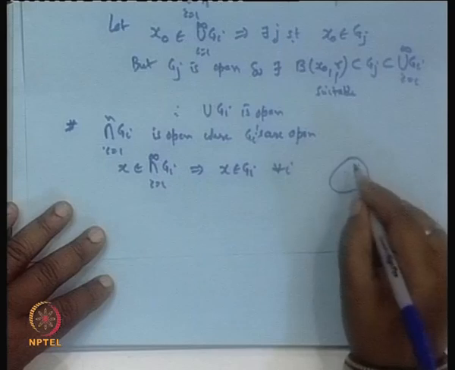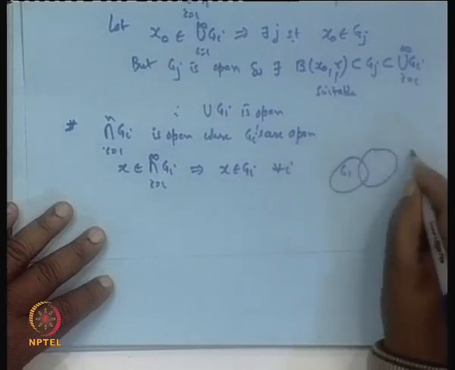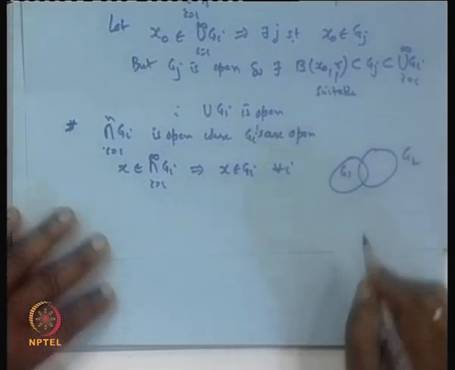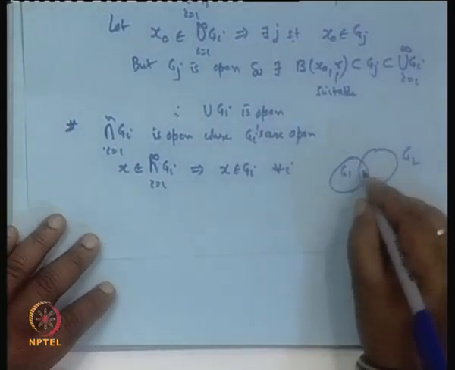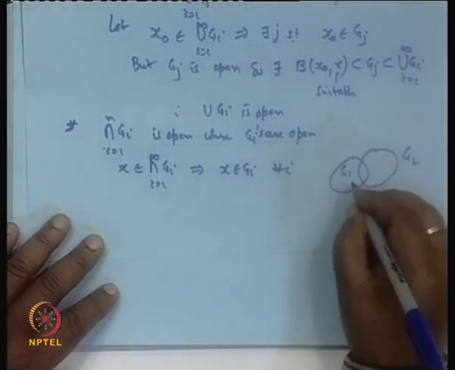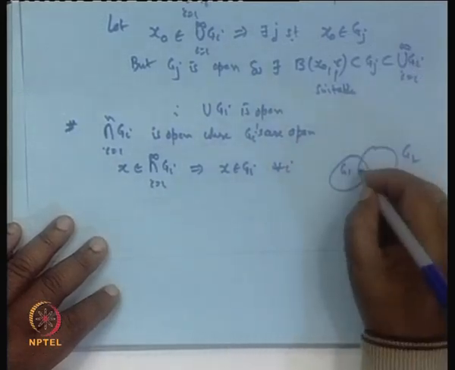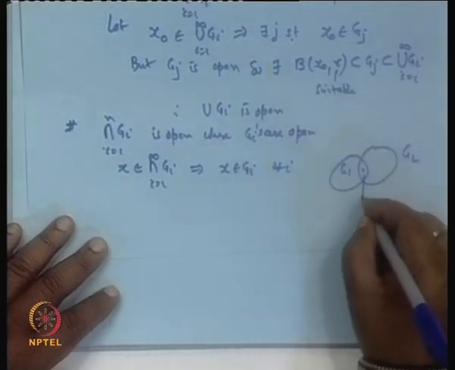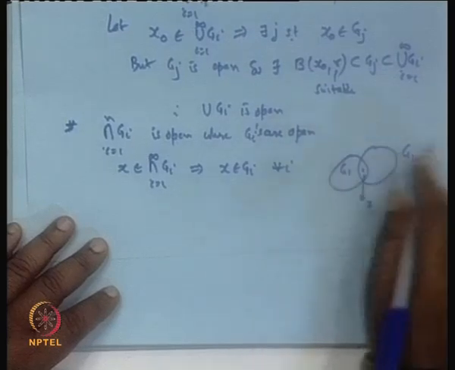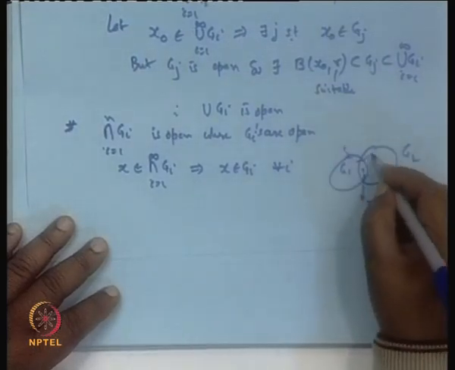So, this is say G 1, this is say G 2, like this. Okay. So, if we take a point x naught which is available in the intersection part, x must be somewhere here, which is a common point of both G 1, G 2 etcetera.